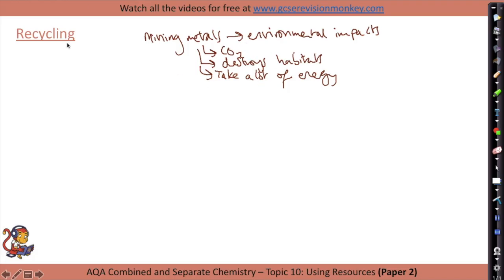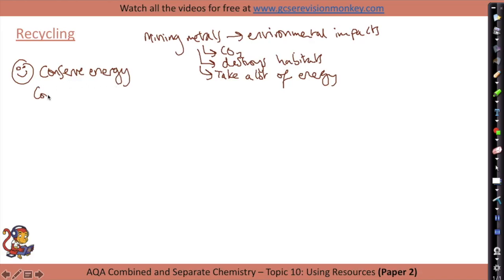So instead, rather than trying to always dig out and extract new metals, the idea would be that we would want to recycle those metals because they would, in a very positive way, allow for us to conserve energy because we're not burning those fossil fuels using all the machinery to dig out the metals.